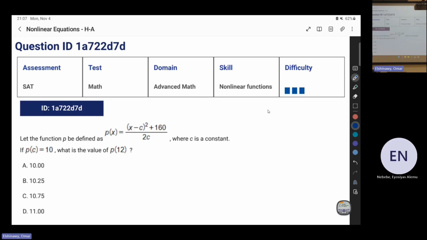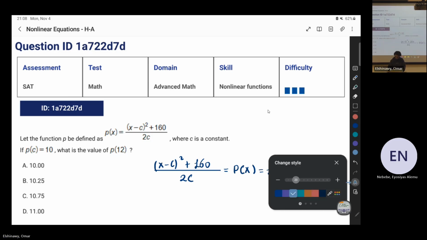So here's how you should do it. P of C is equal to 10 on one side, but on the other side, P of C by the definition of a function is equal to: if we had x here, you would write (x minus c) squared plus 160 divided by 2c.